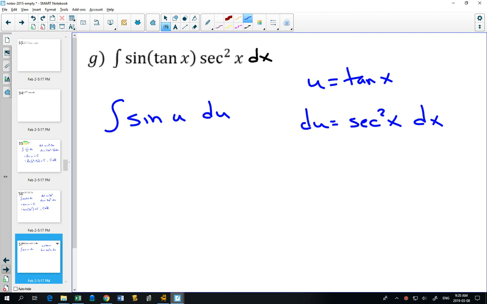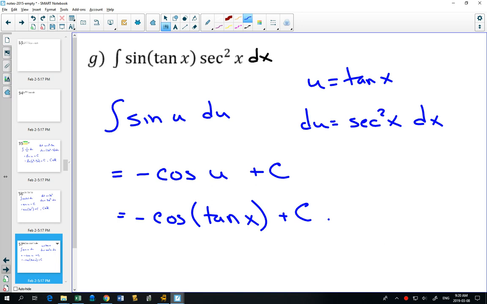And here we can think, is it going to be positive cos or negative cos? Negative cos. Plus C. Perfect.